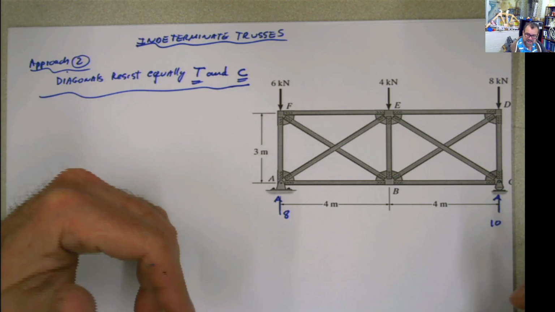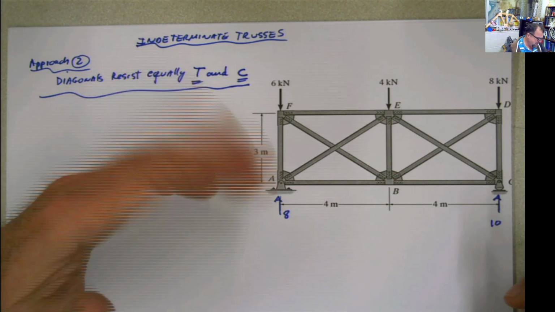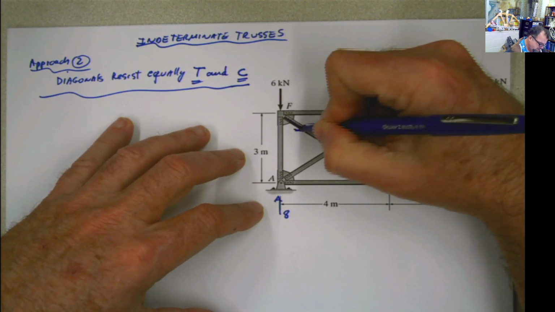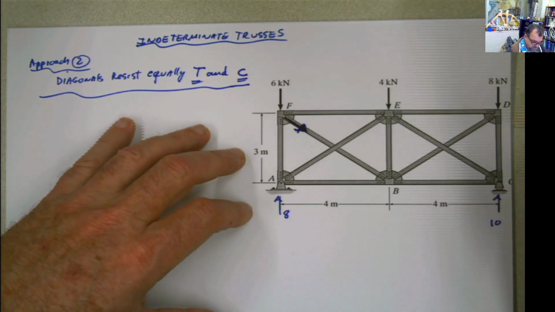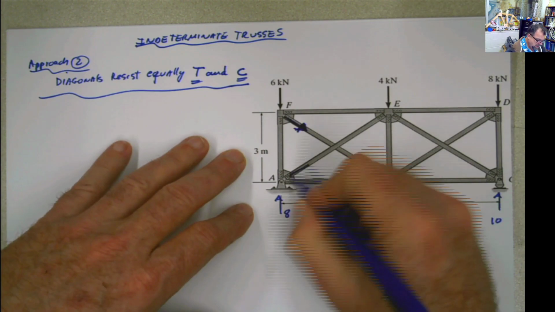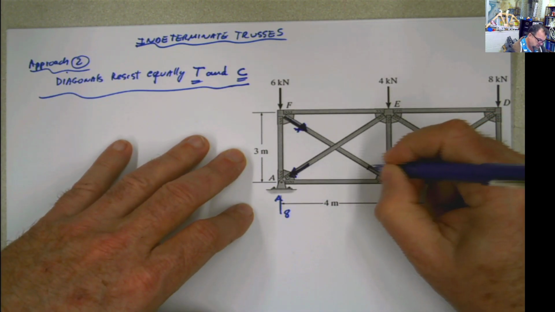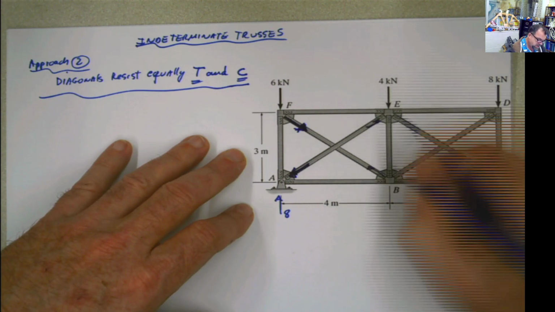Now, in this case, we said, okay, I know that this is in tension. Why? Because I explained why in the previous video. And I know this is in compression. And once again, this is tension, this is compression, and the same thing happens here.